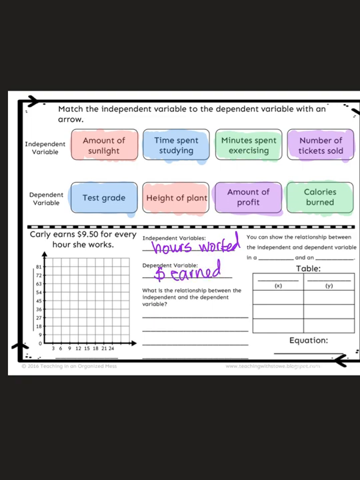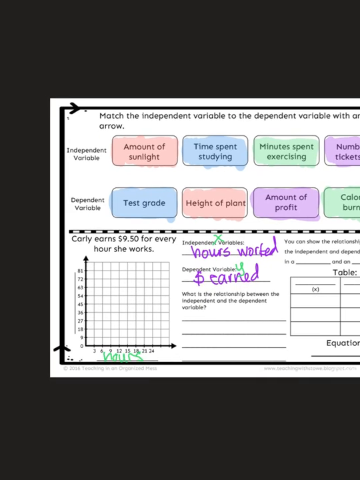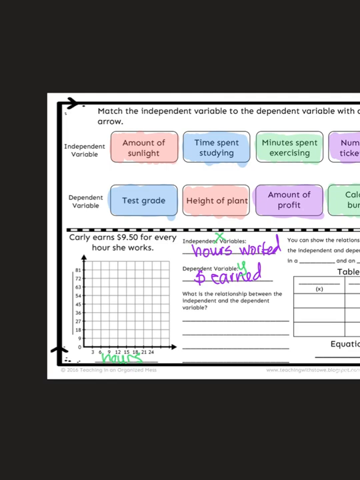So remember we said that my independent variable is always my x and my dependent variable is always my y. So when I come over here to this graph, I'm going to label my x-axis my hours, and I'm going to label my y-axis my money earned.